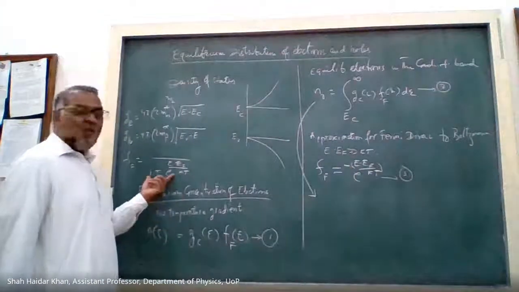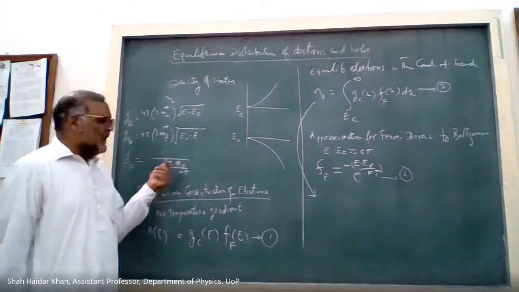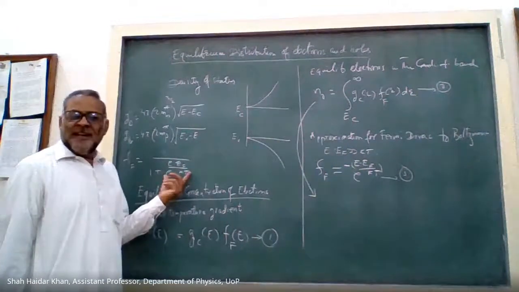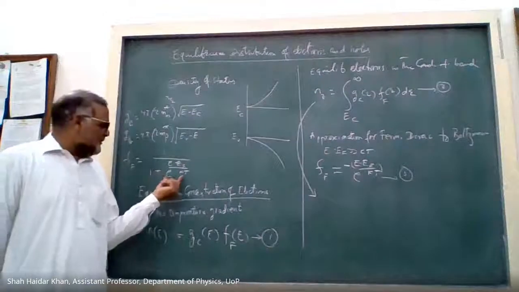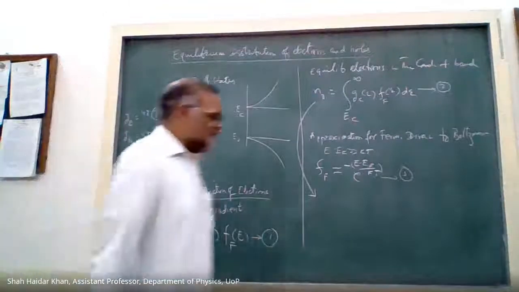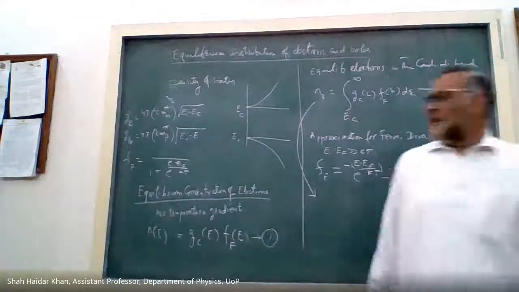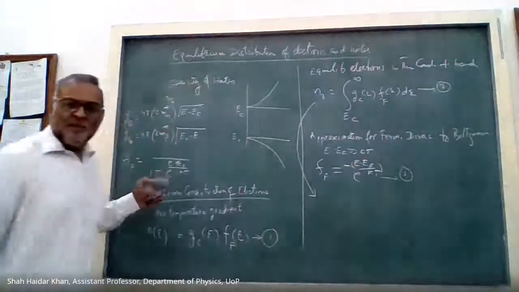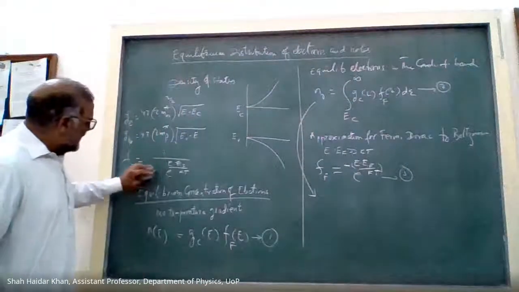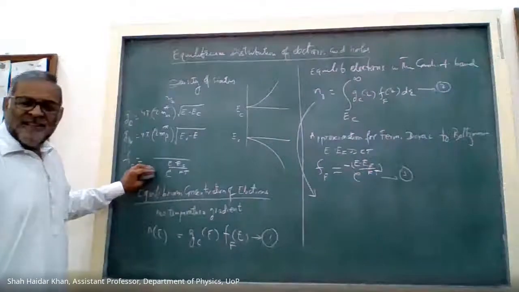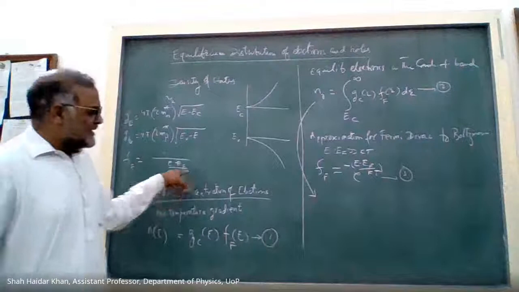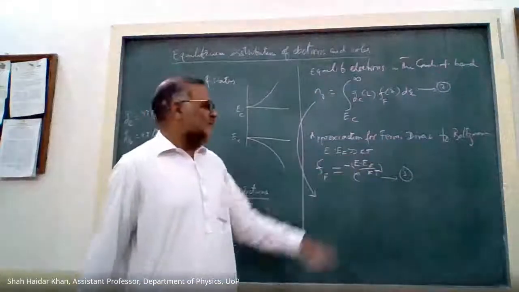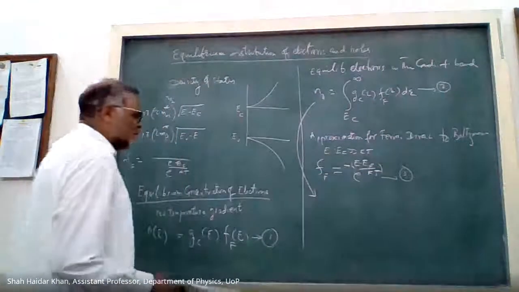Because this 1 plus exponential of E minus EF over KT, with the approximation you just remove the 1, then this is equal to this thing, because that is e to the power minus.